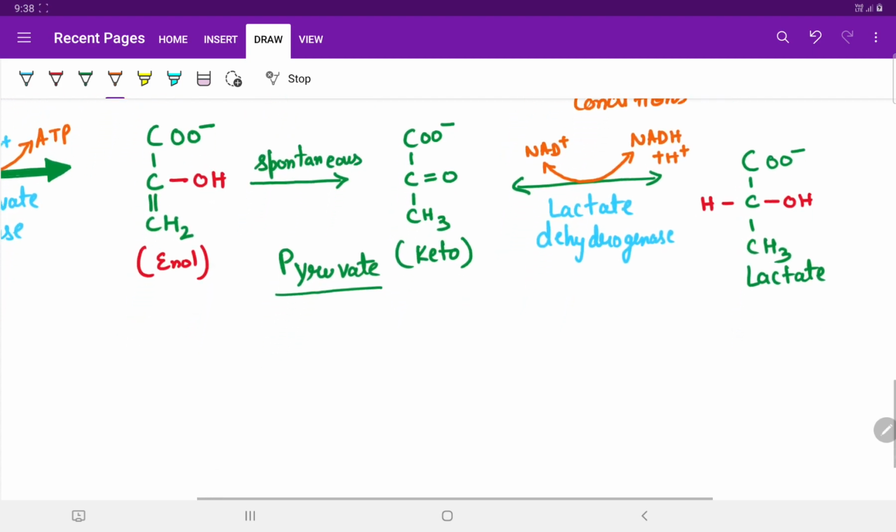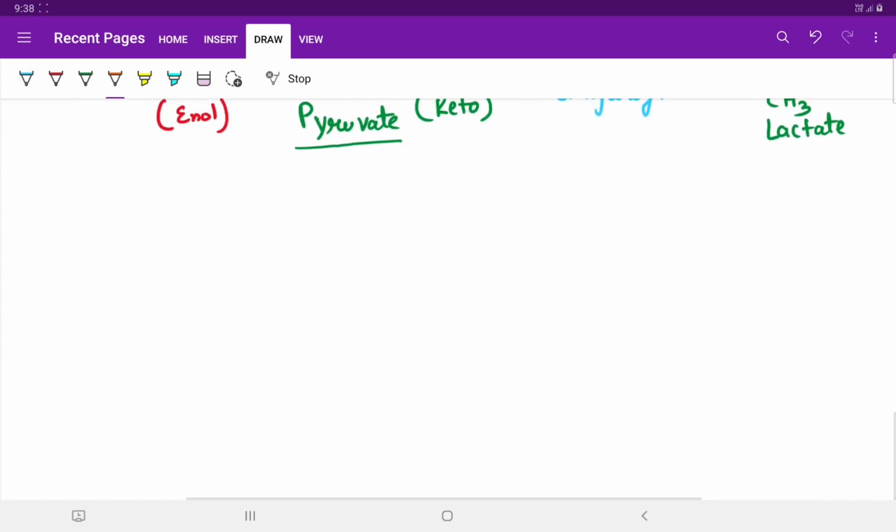Now we shall be learning about the bioenergetics of glycolysis. This is another topic related with the glycolysis. So how the energy molecules are produced, or basically generation of ATP in glucose metabolism. So what are the bioenergetics of glycolysis?